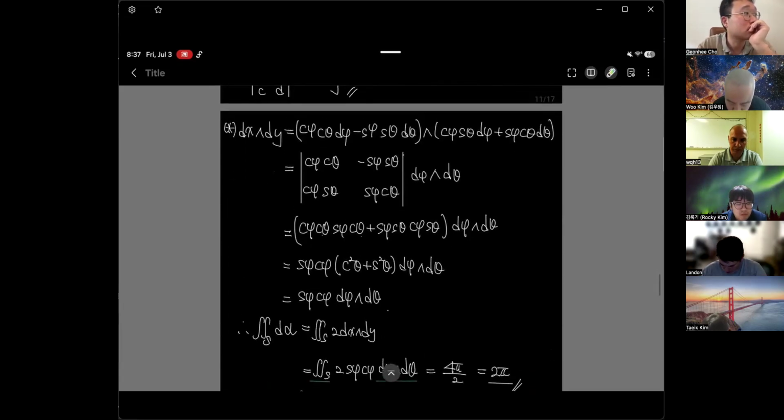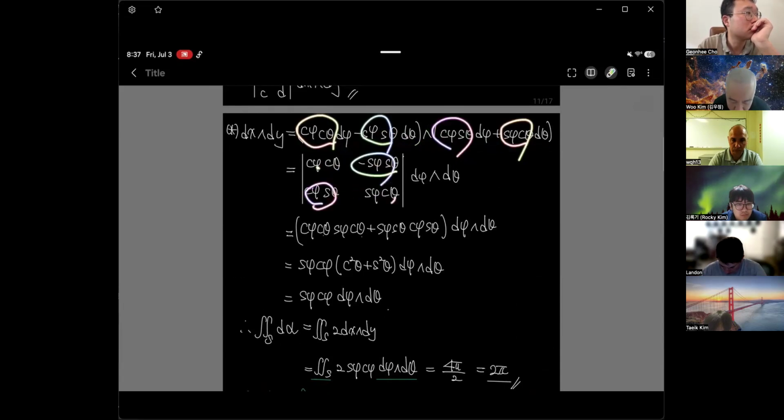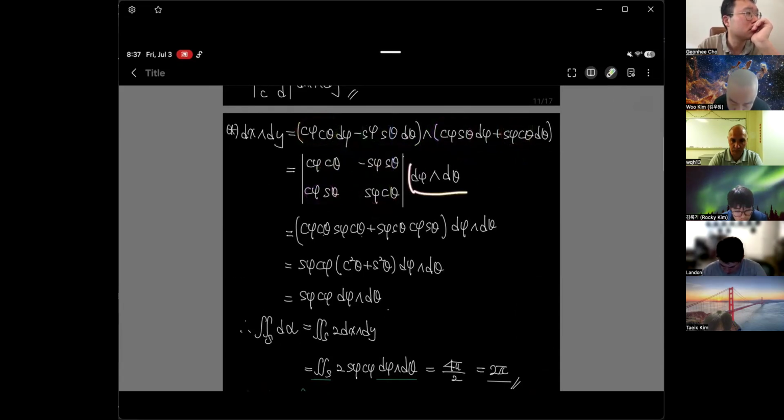Let's see which one is simpler. So this one wedge this one. This part is A, B, C, D, and d phi wedge d theta. Then we can factor out the common sine phi times cosine phi.